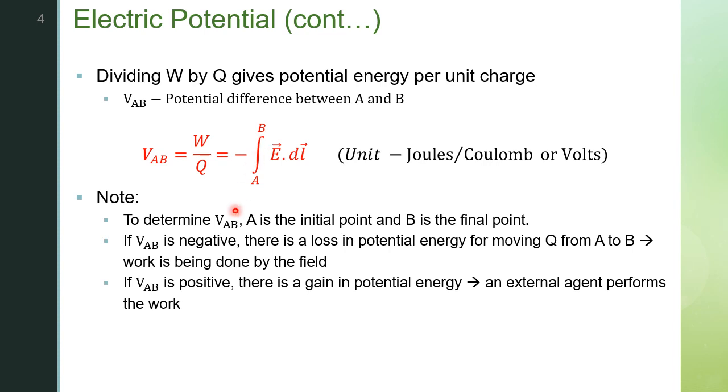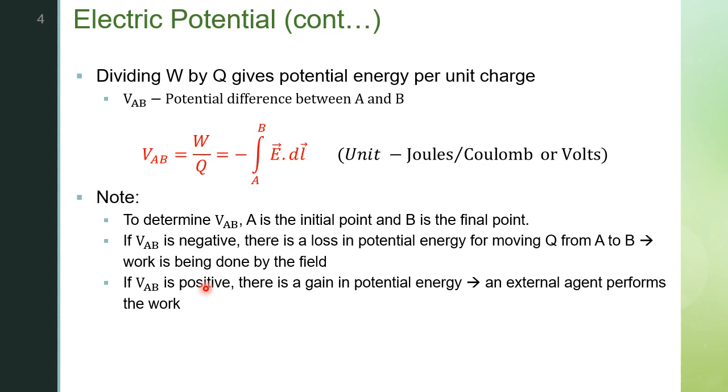And when you consider the value of VAB, if it is negative, it means that there is a loss in energy when we are moving the charge from point A to B. So if there is a loss in energy, the work is done by the field itself. And if this VAB is positive, then it means that there is a gain in energy. That means an external agent will perform the work, thus it will have a gain in energy.